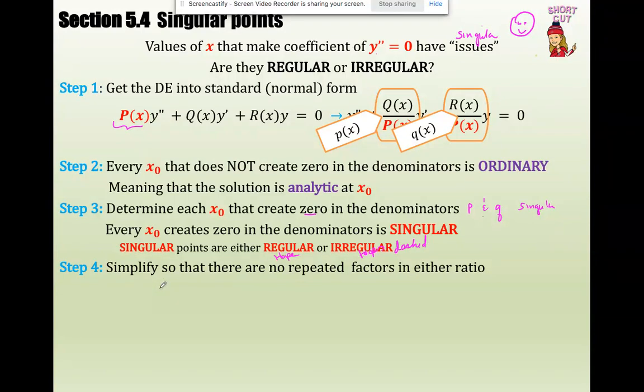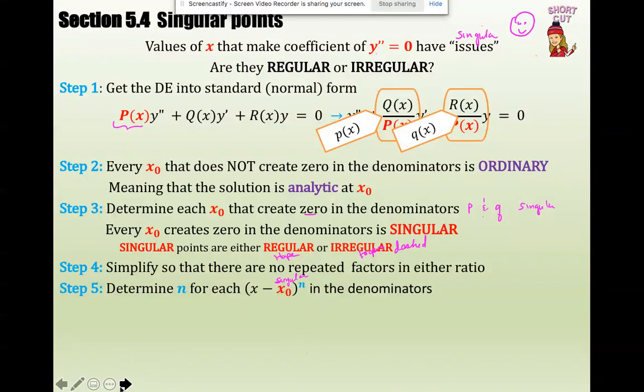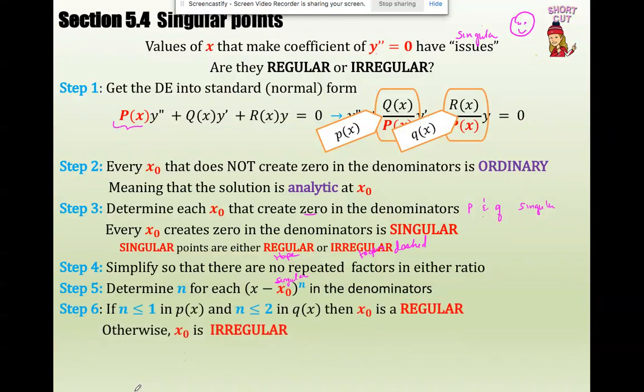So simplify your ratios, right, to make sure that there are no repeated factors in either ratio. Then determine that power for each x minus your singular point in your denominator. And then look at that power. This is, again, not the limit, right?